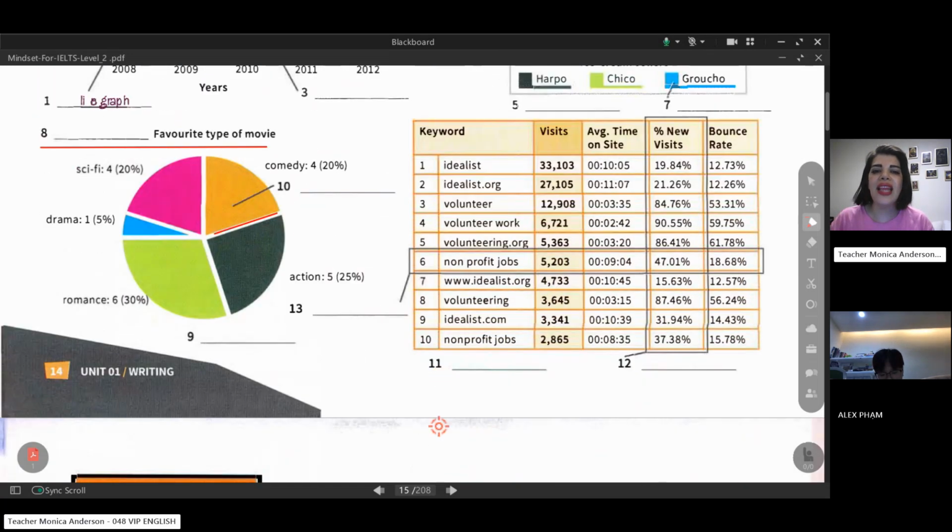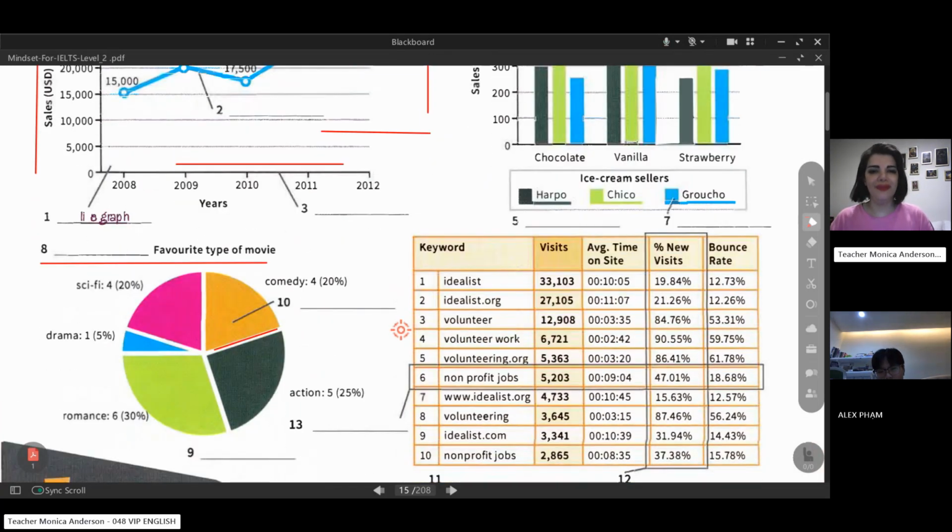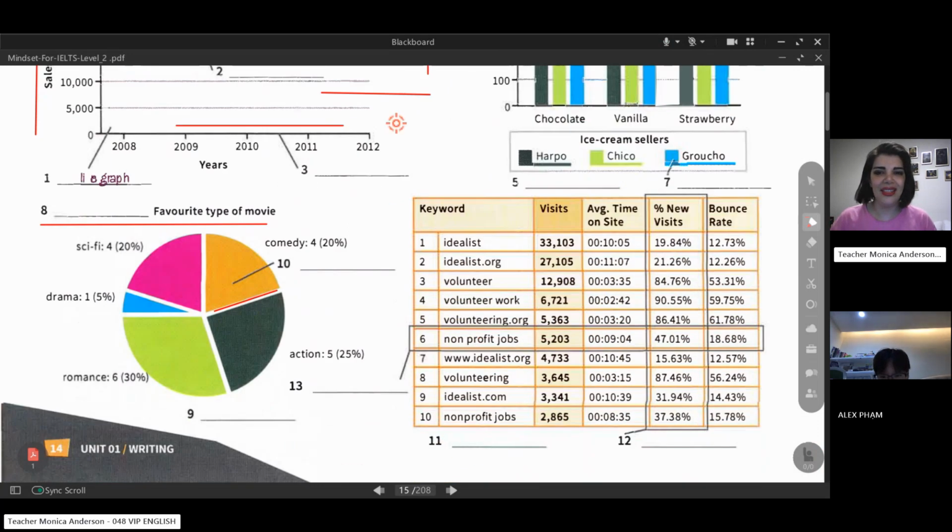Keep going. Number 11 is a table. Yes, it's a table.